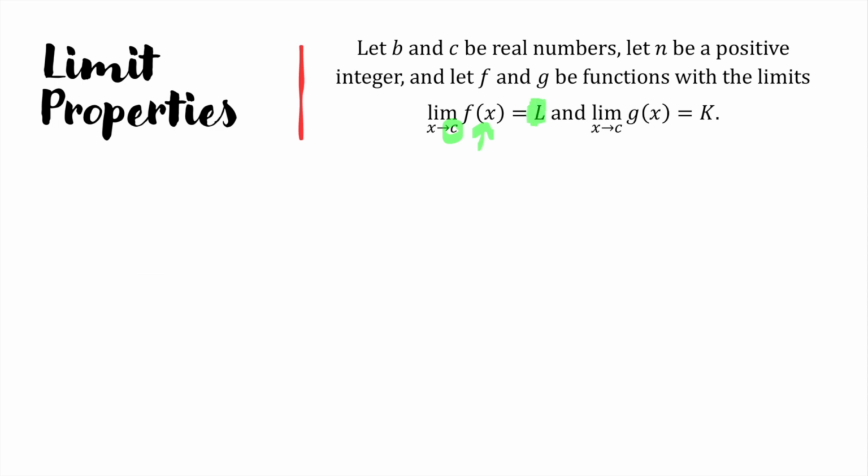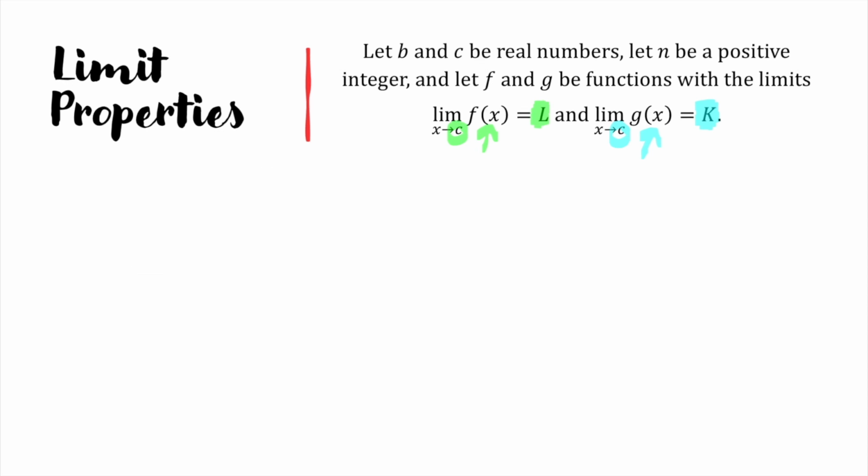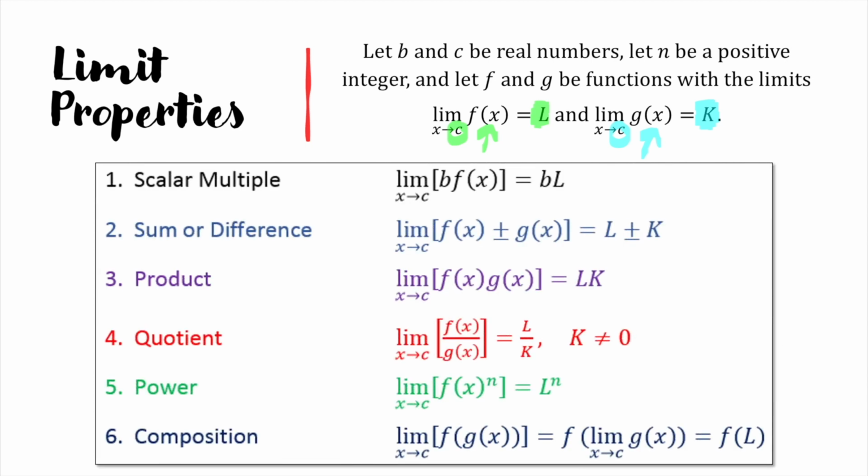The limit as x approaches c of g of x is K. So they're approaching the same constant, but they're different graphs. The graph of f is going to L, the graph of g is going to K. With that in mind, we know that all of these limit properties exist. It looks scary, but it's really not that bad.